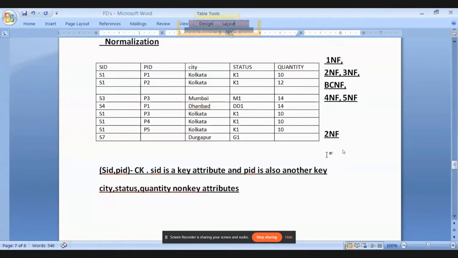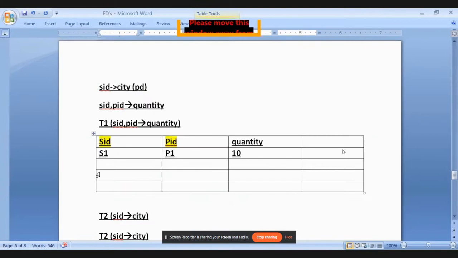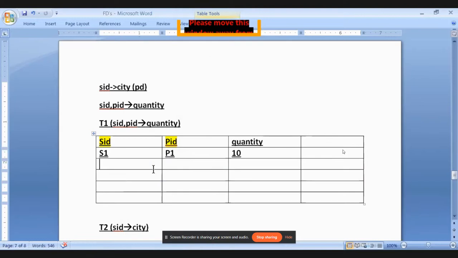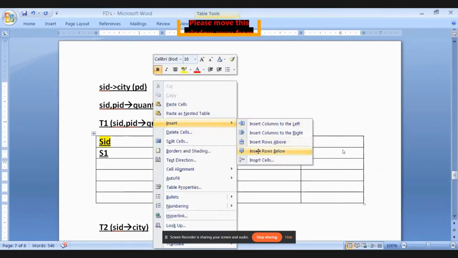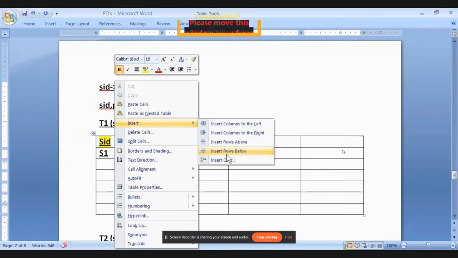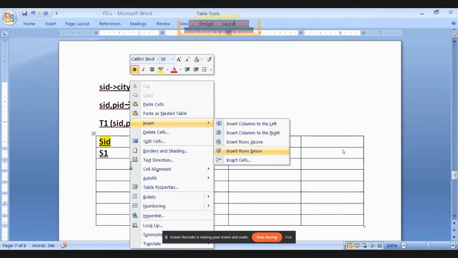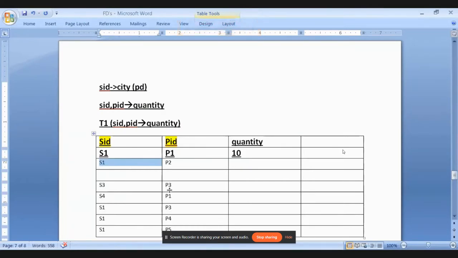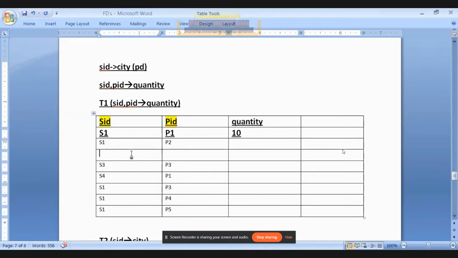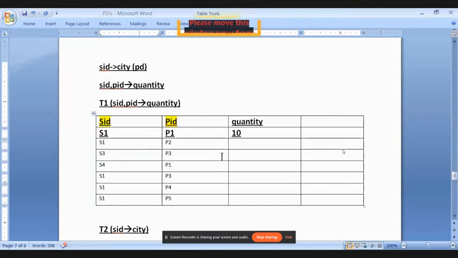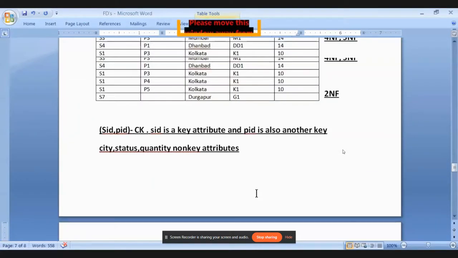Next, let me just copy this. So these are the products, and the quantities are 10.